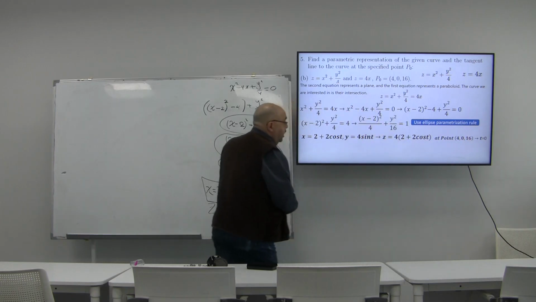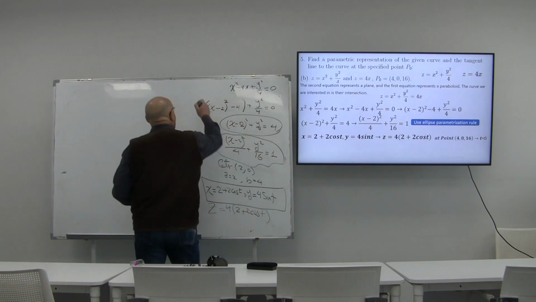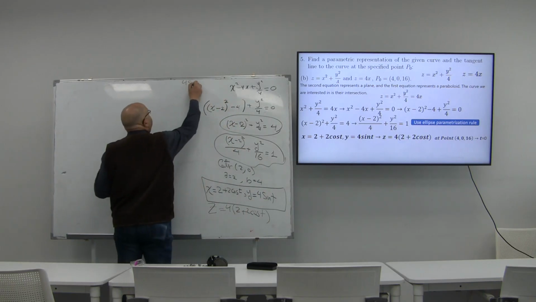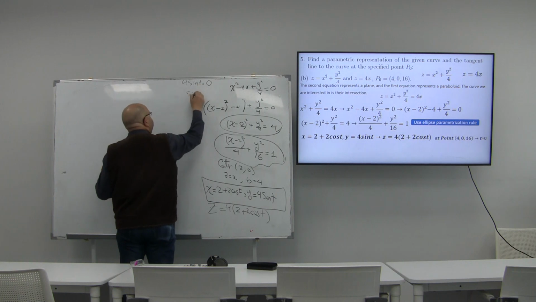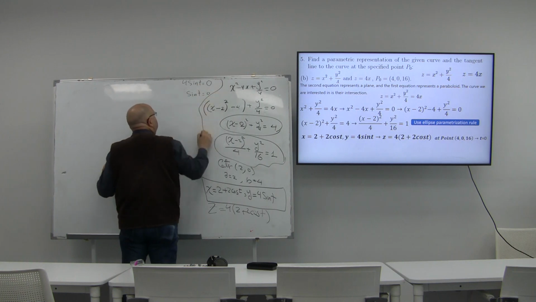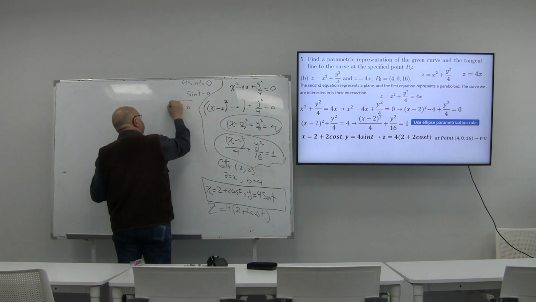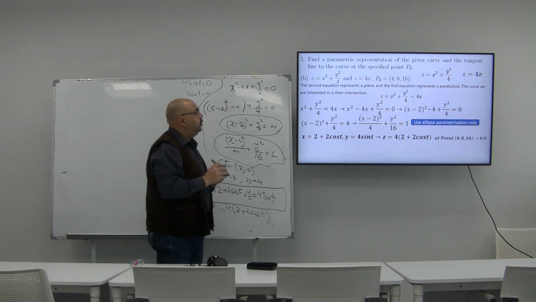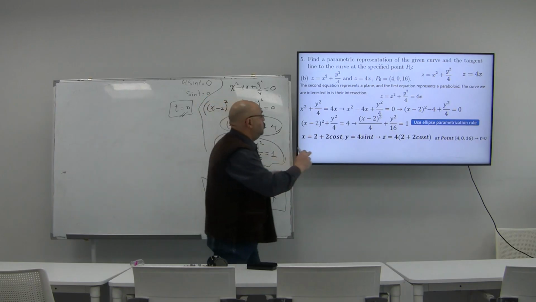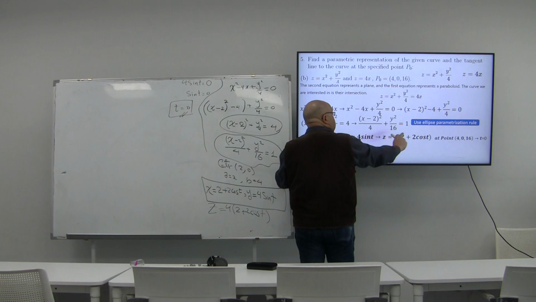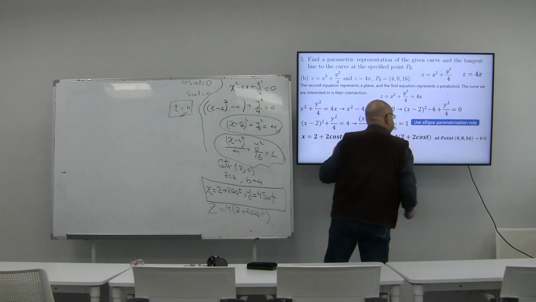So simply, if I have 4 sine t equals 0, that will leave me with sine t equal to 0, that's t equal to 0. So I'm suspecting that in order to get this point, which is (4, 0, 16), in the t coordinates, t should equal 0.